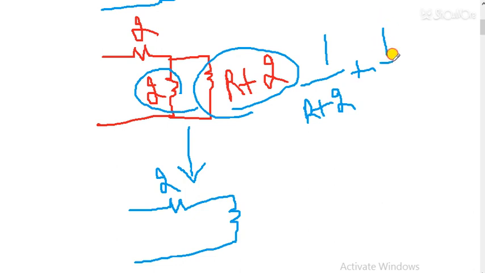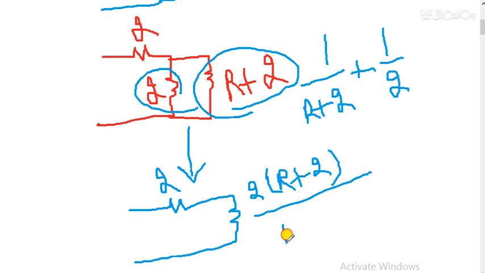So students, if I take the LCM and find its value, it comes out to be 2 into R plus 2 divided by R plus 4, divided by R plus 4. Now these two are in series.